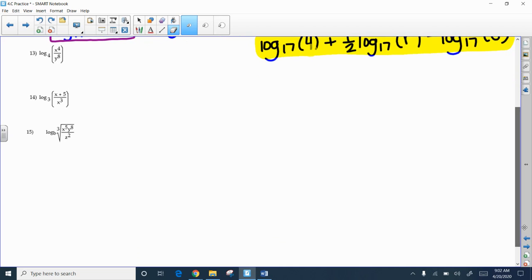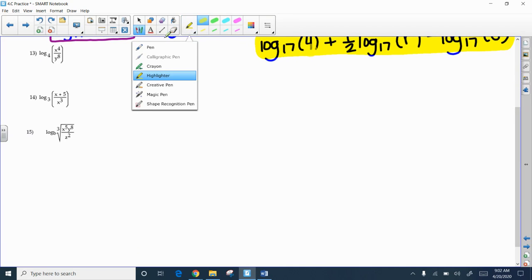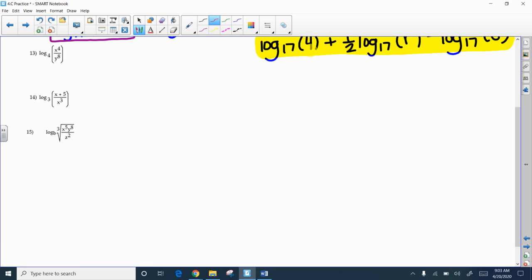Number 13 also is in the form log base b of m divided by n. So when I rewrite this, it's going to be 2 logarithms with a minus in between. So I'm going to have log base 4 of x to the 4th minus log base 4 of y to the 8th.